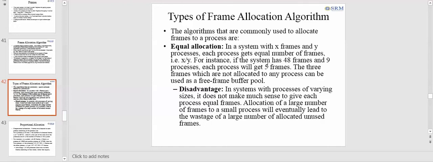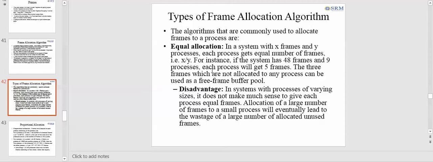You have a system and your system has got 48 frames and is accommodating 9 processes currently. Your system must be in a position to allocate the frames for those processes. So what is equal allocation? N number of processes will get an equal number of frames.